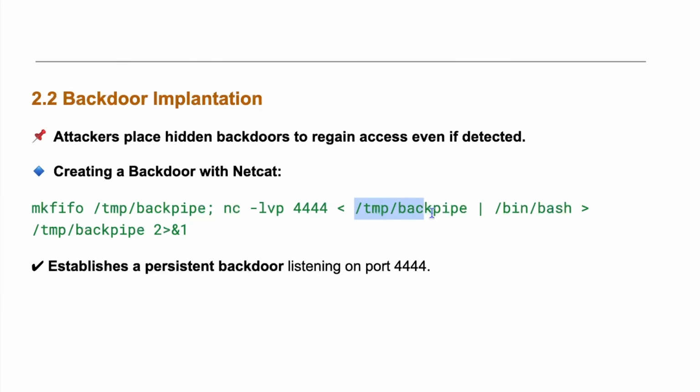And then this backpipe, this pipe that was just created, this mkfifo, is going to be connected to that listener. And then there's going to be a /bin/bash, so the binary of bash, that's going to launch when that happens. And then this entire piece right here is going to be forwarded to our backpipe that was just created.